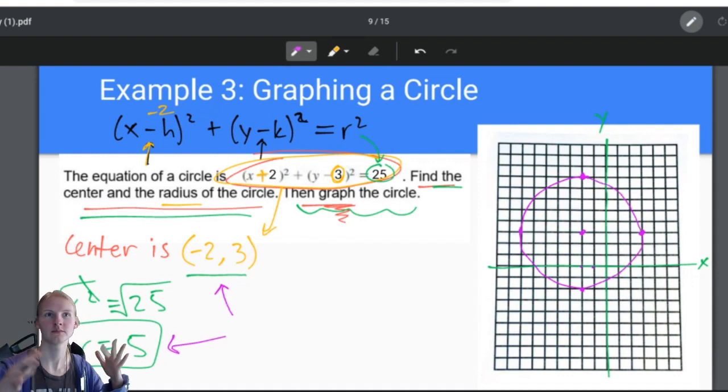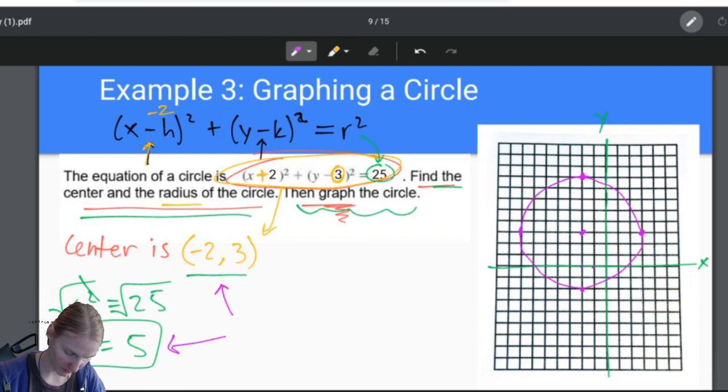Semi-decent. Decent-ish. You can tell it's supposed to be a circle, and that's what matters. As long as you have the center in the correct place and all of your left, right, up, down are 5 units away, I'll give it to you.